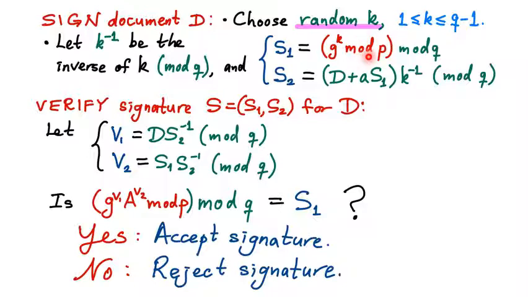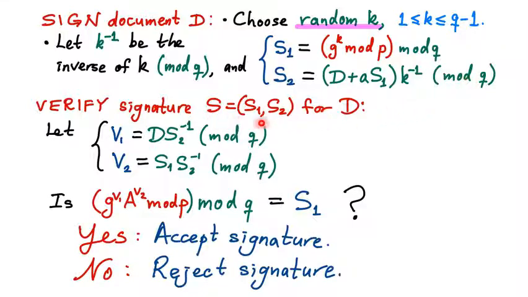So ultimately, the security here depends on the size of Q, as you can see. The second part of the signature is also very similar to the case of ElGamal. The second part of the signature also is defined modulo Q, and it comes from doing D plus A times S1 multiplied by the multiplicative inverse K inverse of K modulo Q, right? So those are the two pieces of the DSA signature.